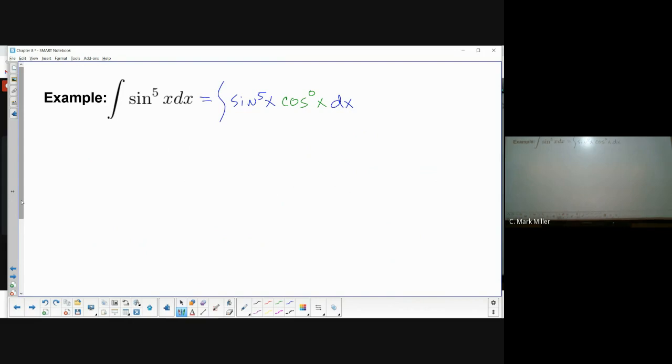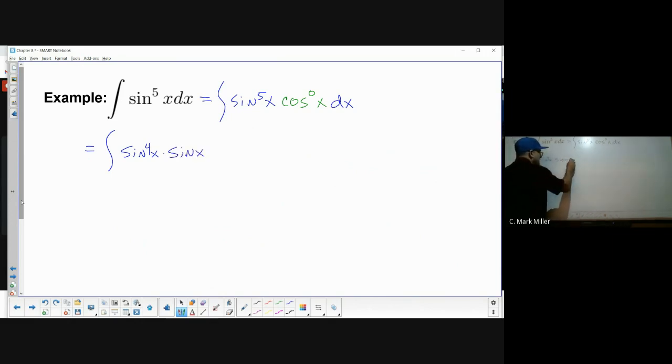So I'm going to do this. Integral of sine to the fourth x times sine x dx. That's sine to the fifth, right? Put in an extra step.